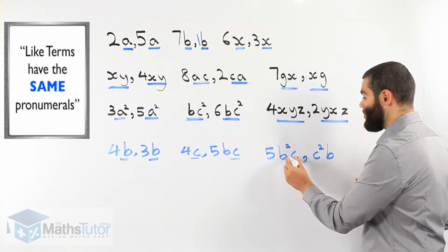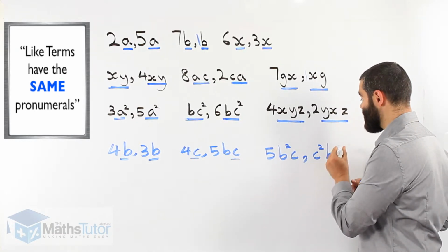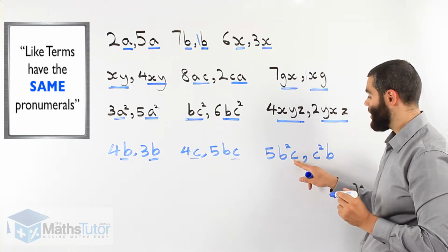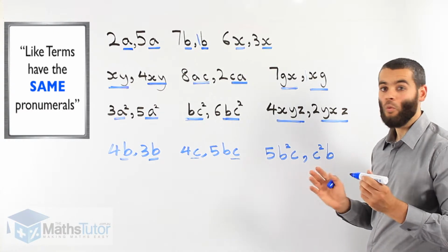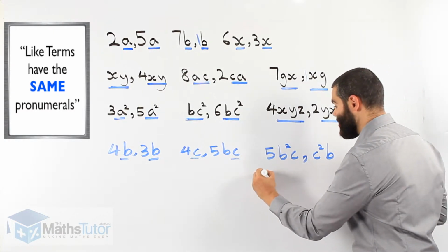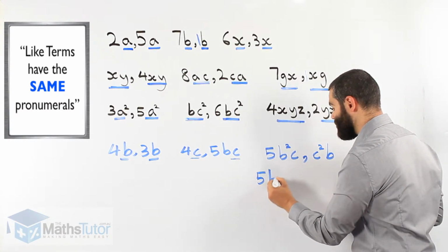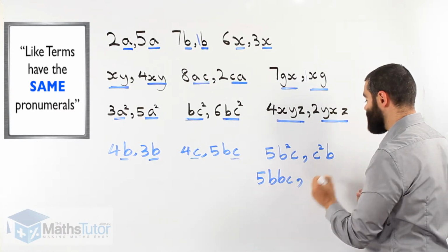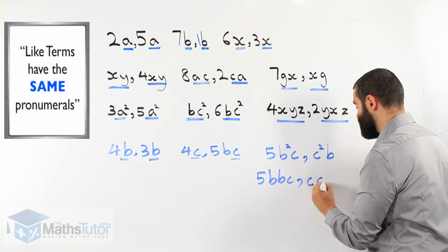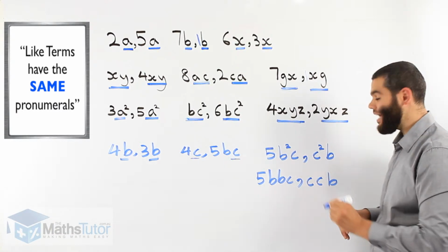We have a B squared, and here we only have a B. While here we have a C, and here we have a C squared. They are not like terms. Why? Because in reality, 5B squared C is BBC, but we write it in simpler form, and C squared B is really CCB. So they are actually different.